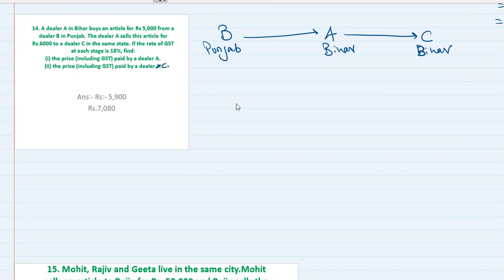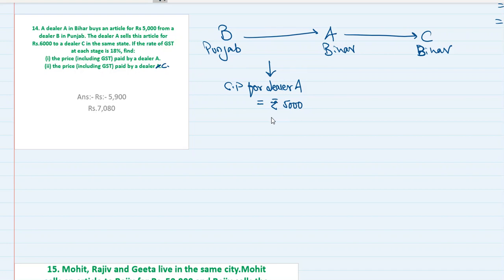Okay. So dealer A in Bihar buys the article for rupees 5,000 from a dealer B in Punjab. So here I'm going to write cost price for dealer A is equal to rupees 5,000.